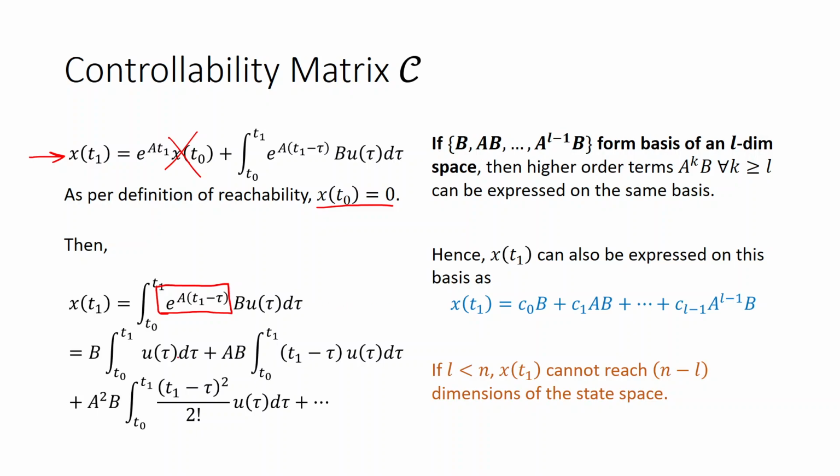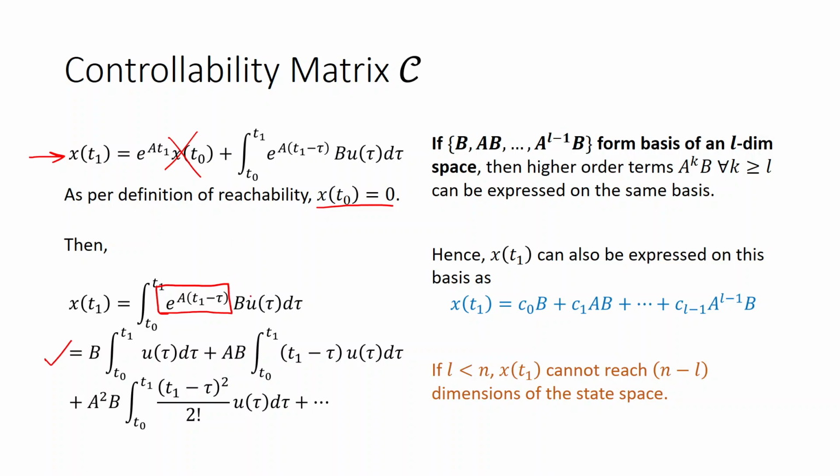The first term is obviously I, the next term is A(t1 minus tau), the next is A squared (t1 minus tau) squared by 2 factorial, then A cubed (t1 minus tau) cubed by 3 factorial, and so on. Since A is a constant matrix, we have taken it out of the integral and written this particular expression.